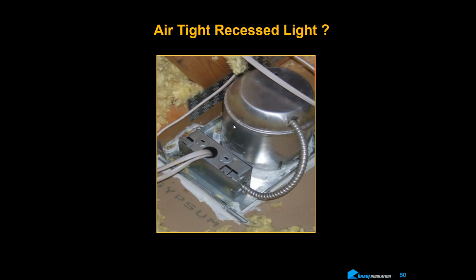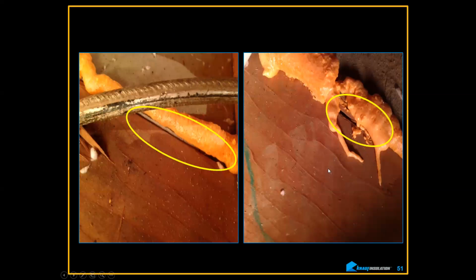So airtight cans are not airtight. Put 100 of them in a house, and I've seen many more than that, and you've got 200 cubic feet a minute every time there's a puff of wind going out. It's 2/3 of a dryer vent. So it's a lot of air moving.